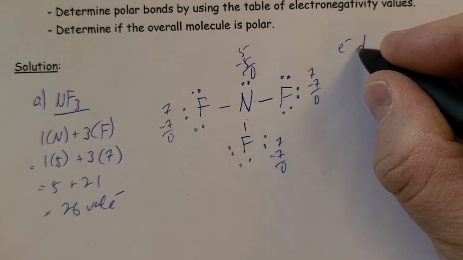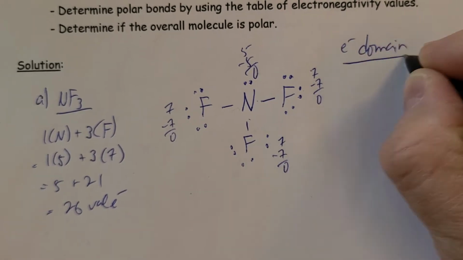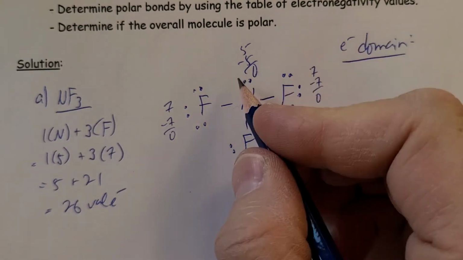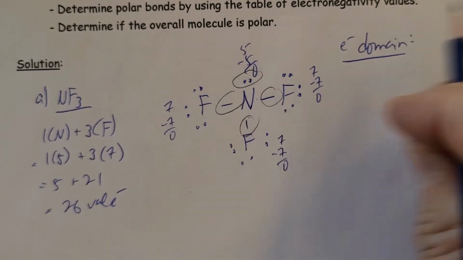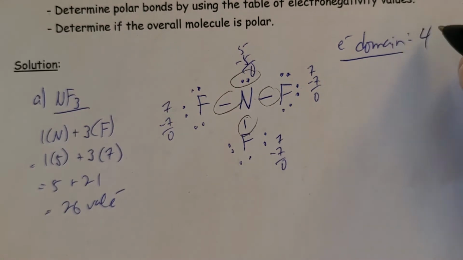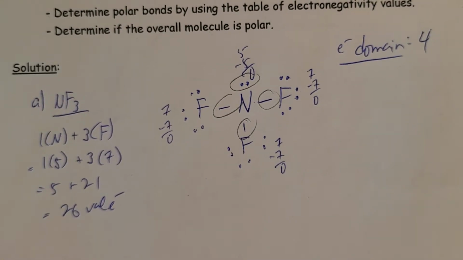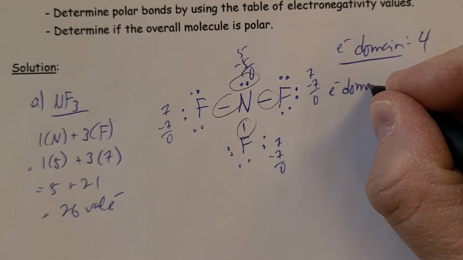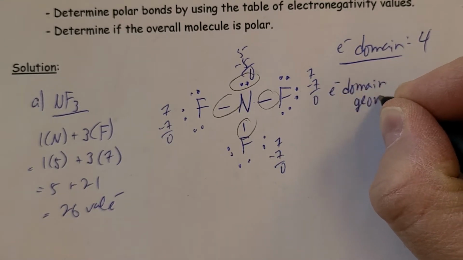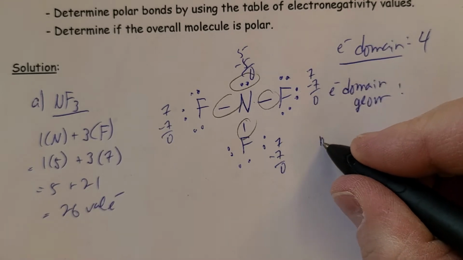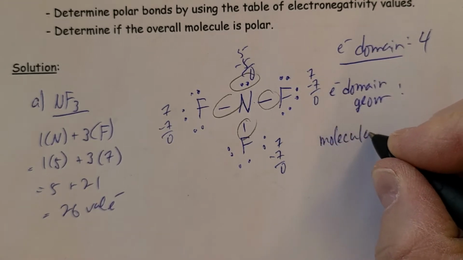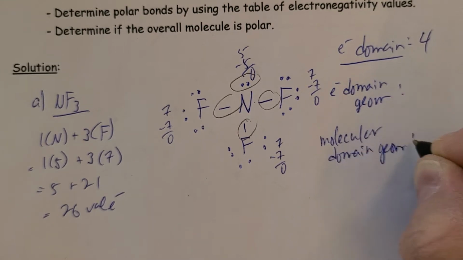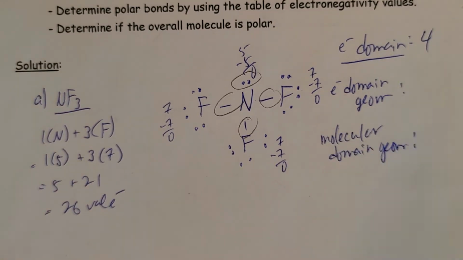So electron domains. Let me grab my pencil. We have 1 area, 2, 3, 4 areas where we can find electrons around that nitrogen. So we need to look at electron domain geometry and molecular geometry. So 4 domains, right?